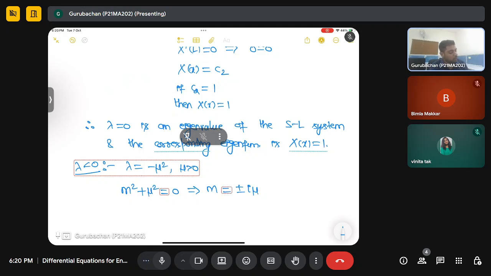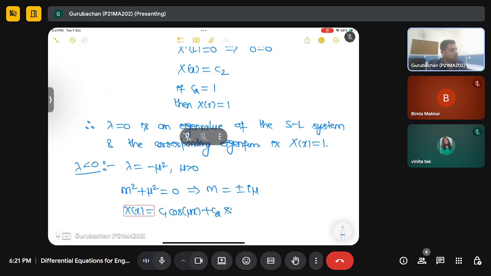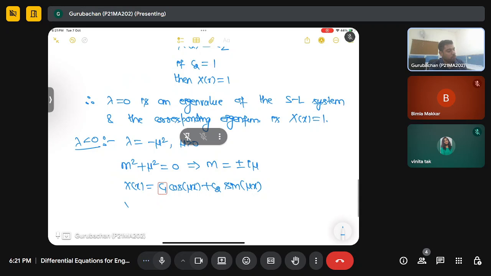So then X(x) will be c1 cos μx plus c2 sin μx. So from here we know that X'(0) is 0. When we do the derivative, cos will become sin and sin 0 is 0. So we are left with c2 μ cos μx, that is cos 0 will be 1. This will be 0, and this will imply c2 has to be 0.